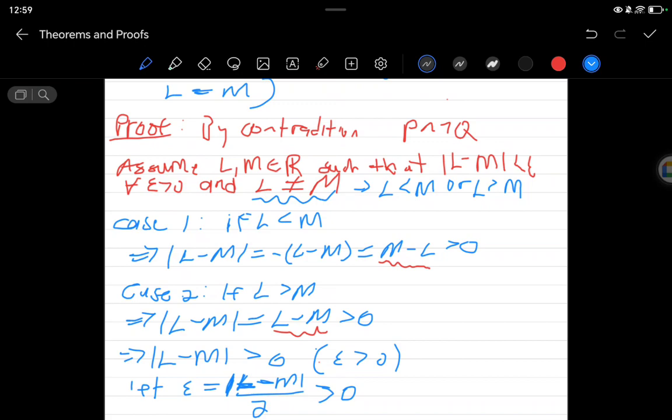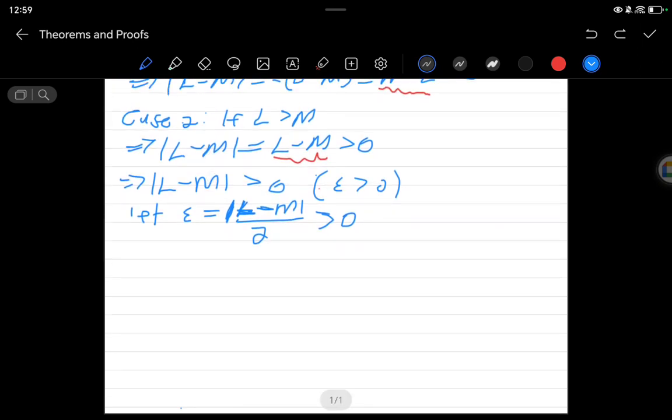In this case, we can choose it to be the absolute value of L minus M divided by 2. In most cases, we just let epsilon be equal to 1. Since we have this case, all along I was doing all these things just to find this choice.